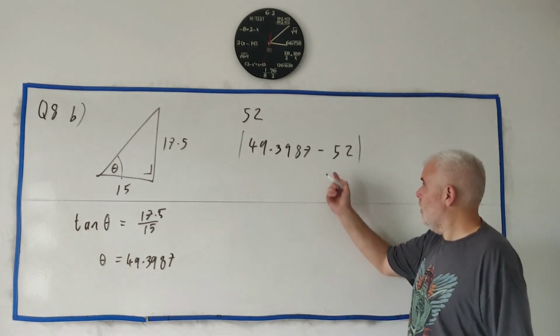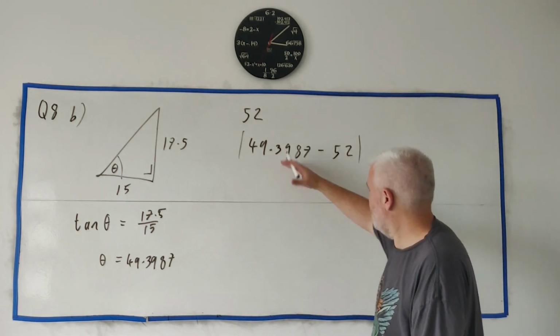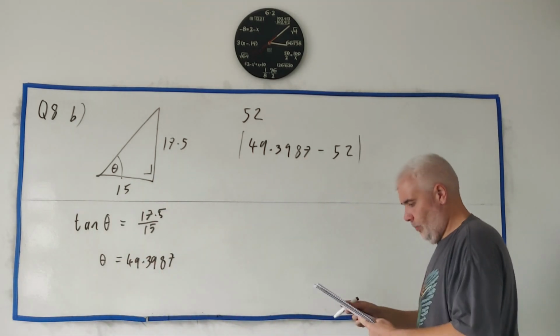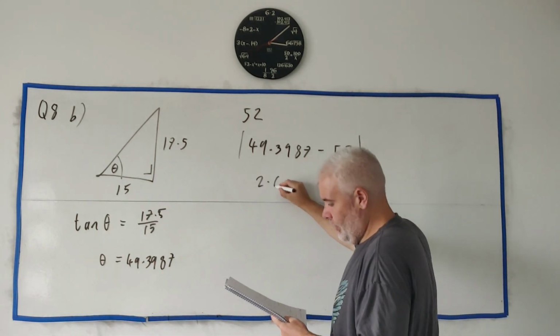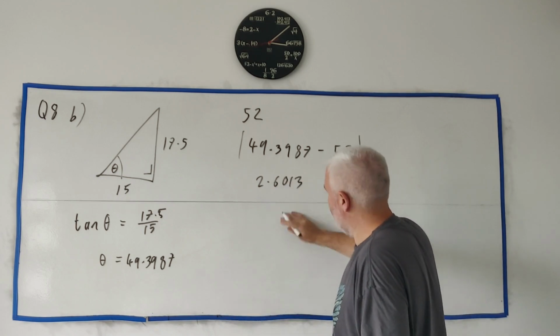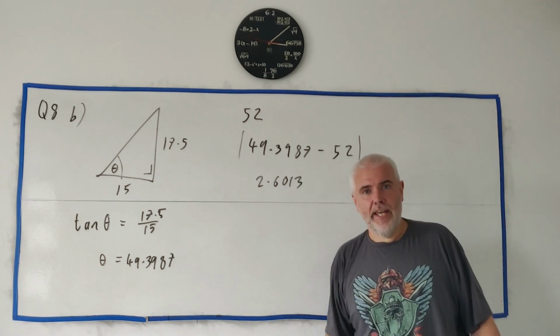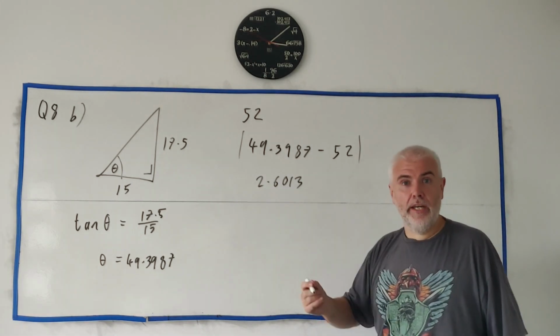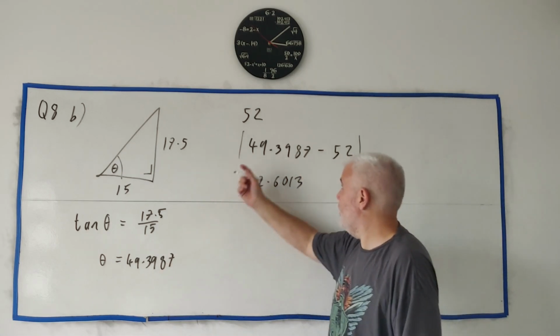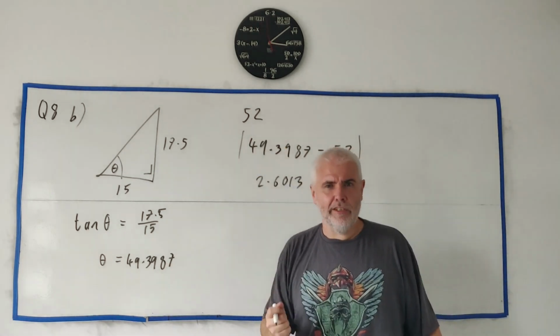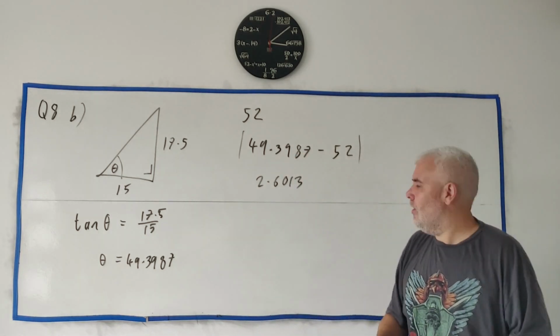That's the error. So let's see, that's 2.6 something. Let me just check the actual number here. Yeah, that's 2.6013. That's how far away she was. What's that in percentage? We divide it by, well, one of these numbers. Students always get mixed up which one. I'd say it's always the real number you divide by when you get a percentage.